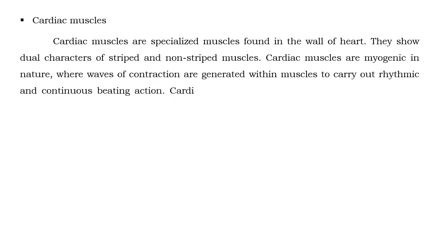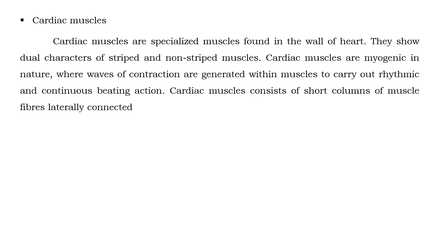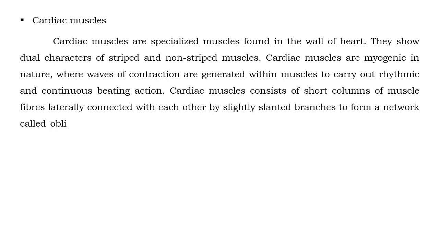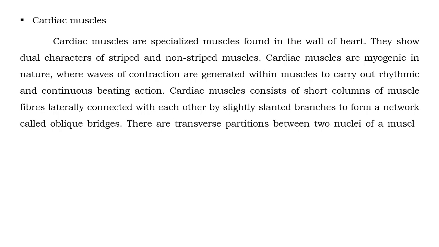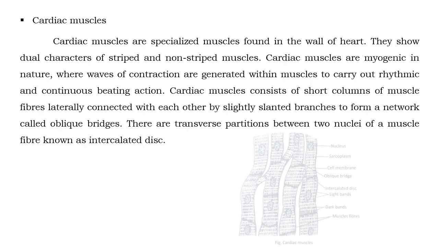Cardiac muscles consist of short columns of muscle fibers laterally connected with each other by slightly slanted branches to form a network called oblique bridges. There are transverse partitions between two nuclei of a muscle fiber known as intercalated discs.